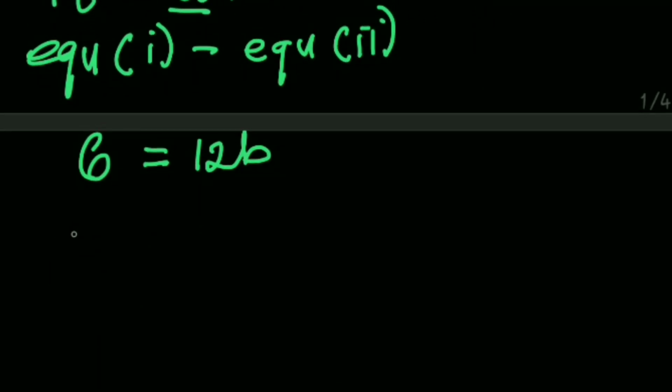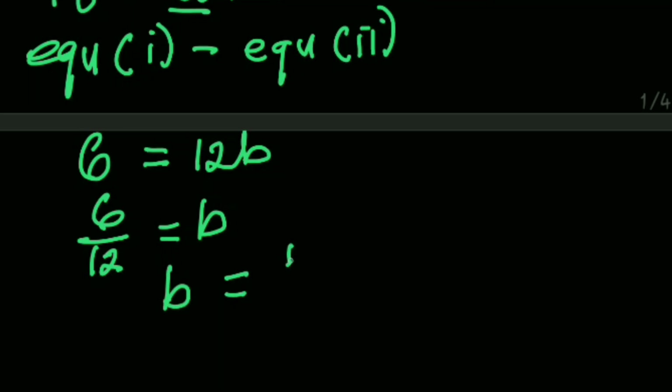So now we have 6 over 12. The coefficient of B is 12. And finally, B equals 1 over 2, or we say 0.5. And so that's the value of B.